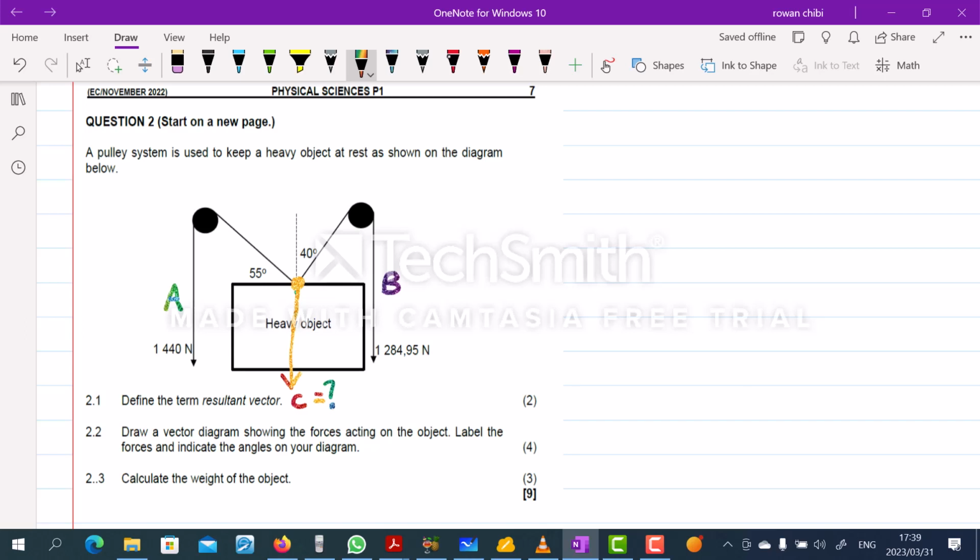Question 2.1 says define the term resultant vector. Define the term resultant vector.